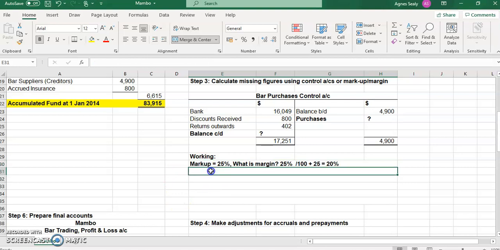So now we know margin is 20%. Let's calculate our gross profit, because this margin is 20% of our sales, because margin is associated with our sales. So 20% of our sales will give us our gross profit. What is our sales figure?